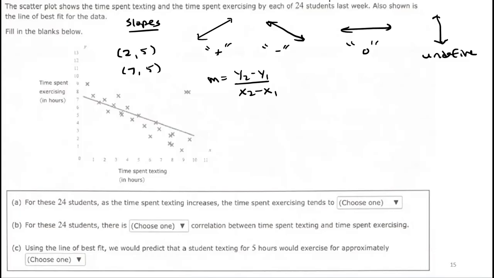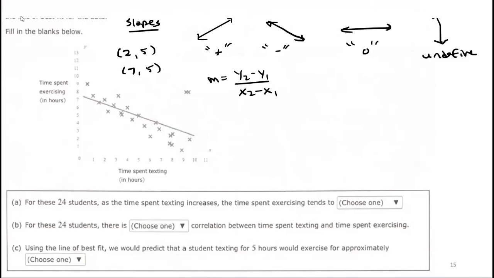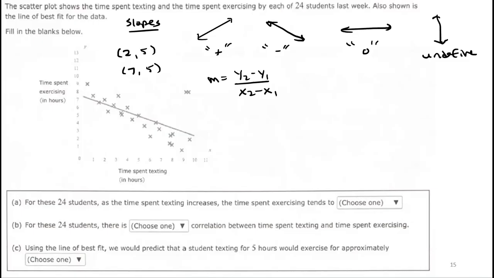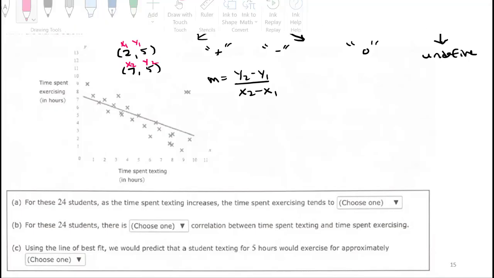How do you calculate the slope? Well, remember, we just need to label this. So this will be our x1, y1. This will be our x2, y2. And then we're just going to write down what we have here. Actually, let me take that back because I'm trying to prove a point here. I flipped the numbers here.